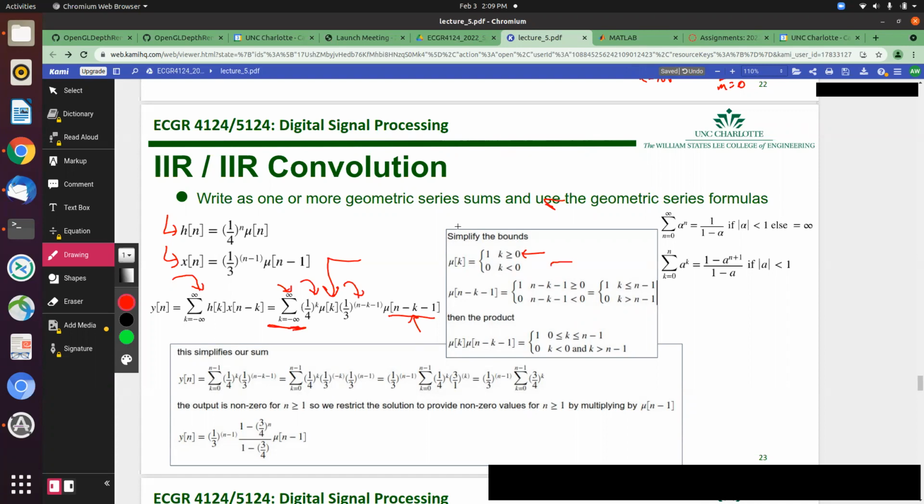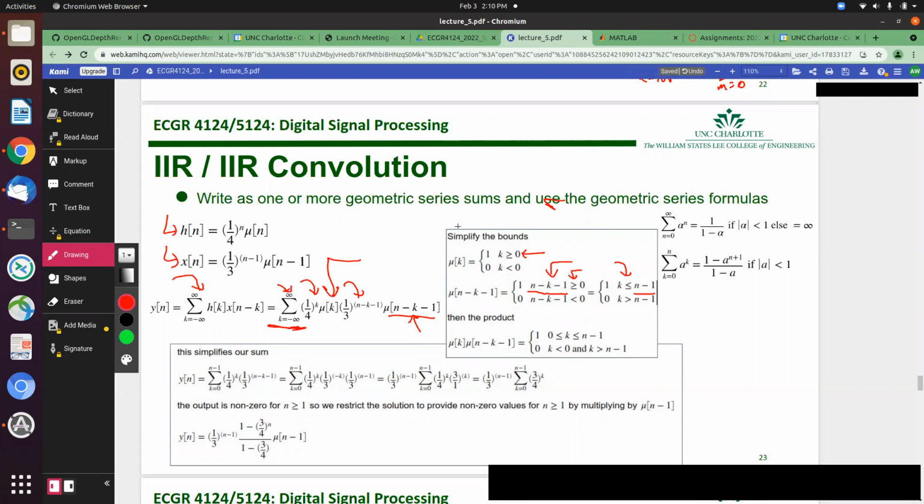The way I approach this is to set up the inequality. You ask, when is n minus k minus 1 greater than or equal to 0? You're asking for what values of k that inequality will be satisfied. Well, k is negative, so you multiply by minus 1 and reverse the inequality direction, and then you put n and minus 1 on the other side. What you get is it'll be 1 whenever k is less than or equal to n minus 1.